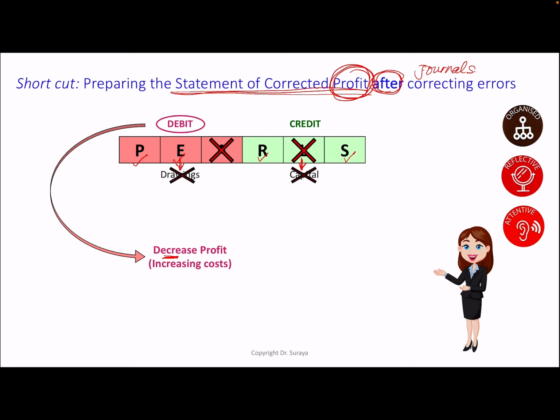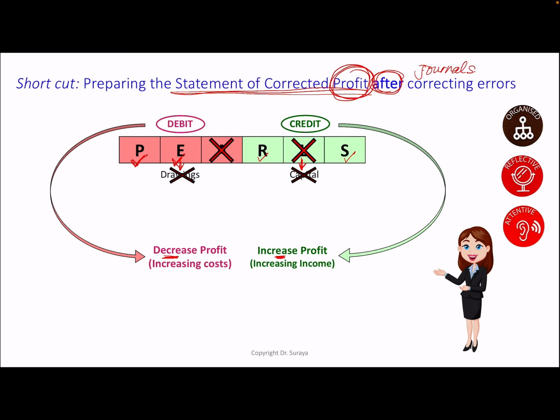While if you see revenue and sales on the credit side, it is actually increasing your income. That's increasing your profit. So remember guys, purchases and expenses on the debit side are decreasing your profit because they are increasing your costs.